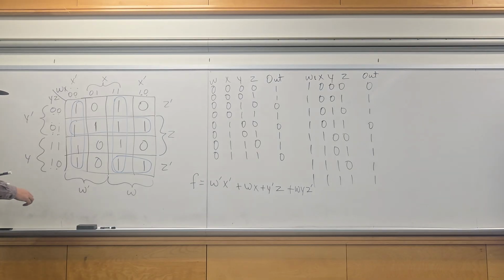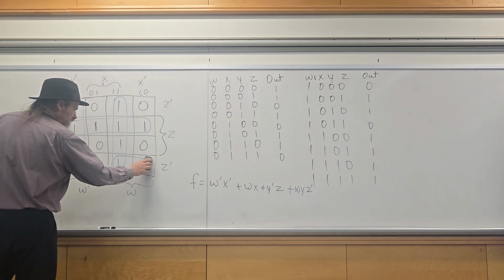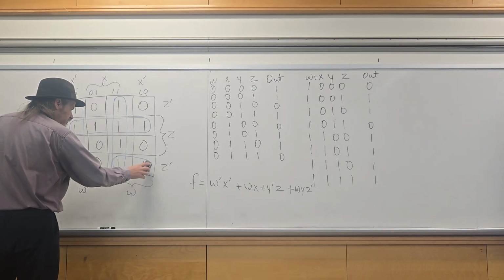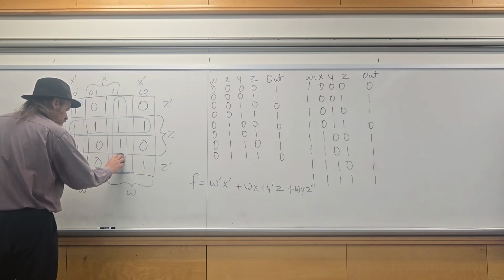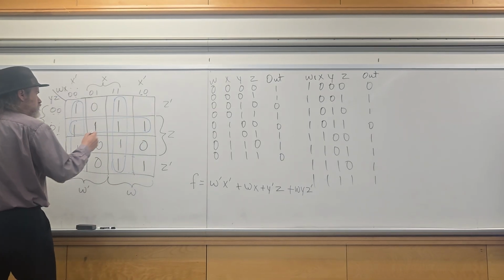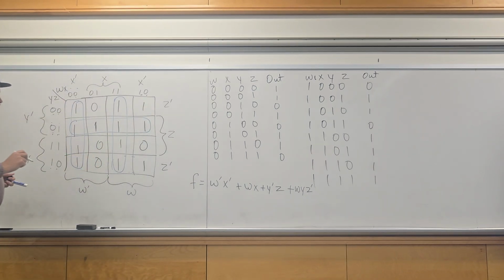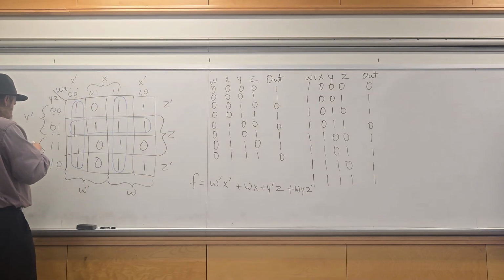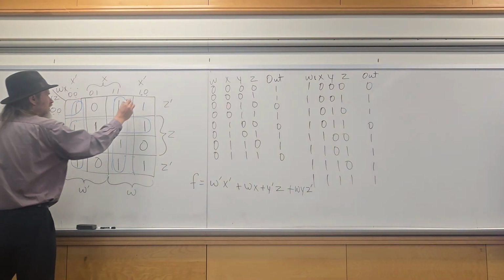So let's get one that has some wrapping here. Let's do this with the same one, adding this one here. Now, how would that group? Yes, you could wrap both directions, up and down as well as side to side. So it would be wrapped like this.